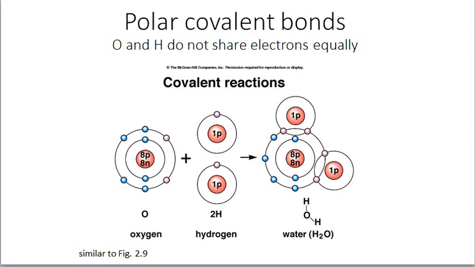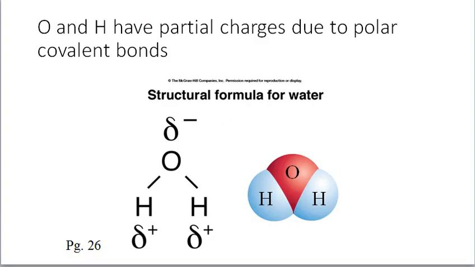The hydrogens have partial positive charges. The sigmas here represent partial charges on the atoms. Water has some surprising properties due to the polar covalent bonds and the resulting hydrogen bonds.